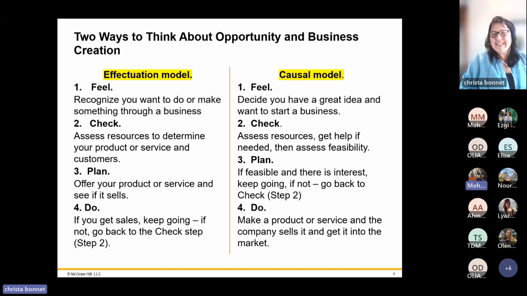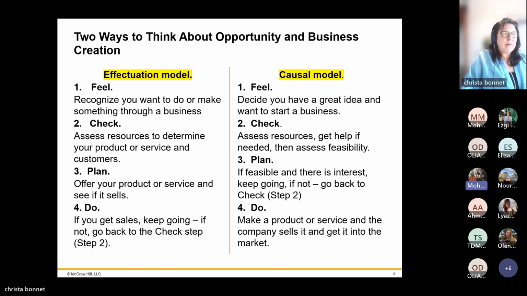So my understanding of the effectuation and the causal model. The first model will be if you have an existing business and you want to add a new service. But for the causal model, if you want to start a new business from scratch.